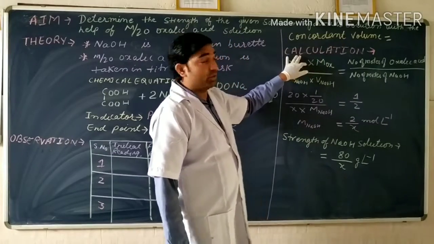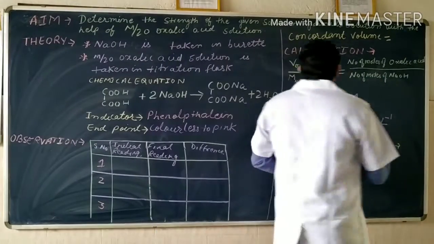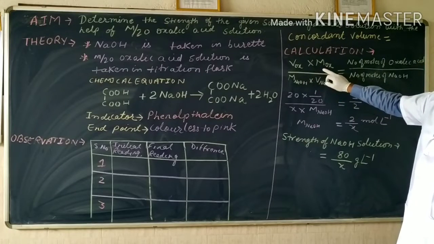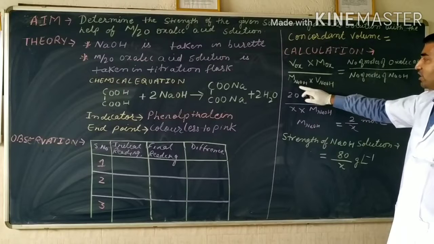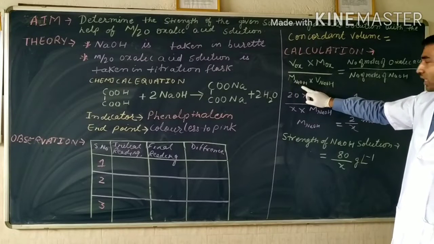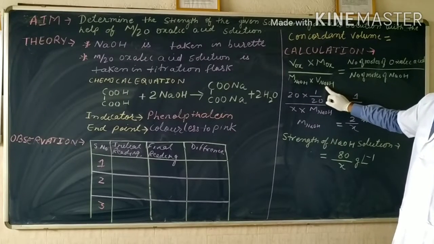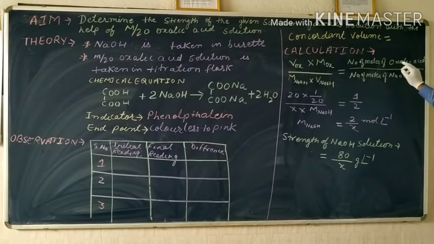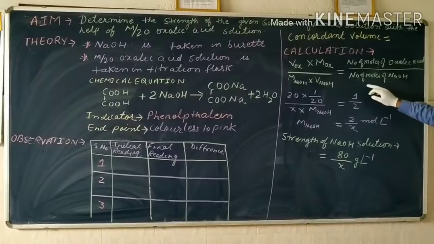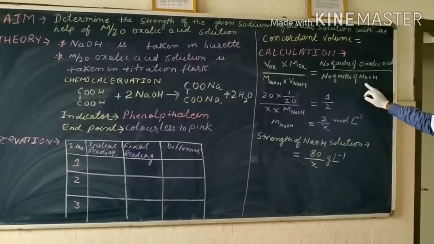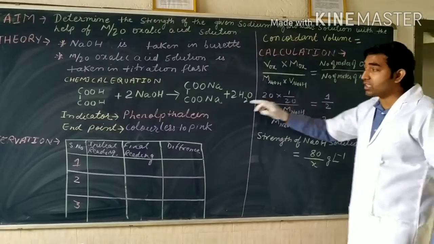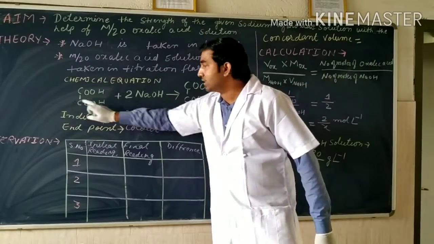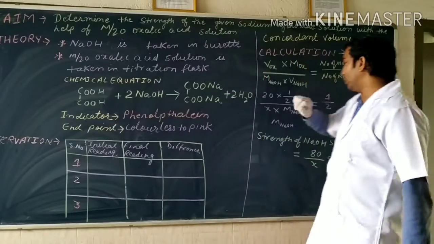See, what are the calculations? As we know from the molarity equation, volume of oxalic acid into molarity of oxalic acid divided by molarity of sodium hydroxide multiplied by volume of sodium hydroxide is equal to the number of moles of oxalic acid divided by the number of moles of sodium hydroxide in the balanced chemical equation, which is 1 for oxalic acid and 2 for sodium hydroxide.